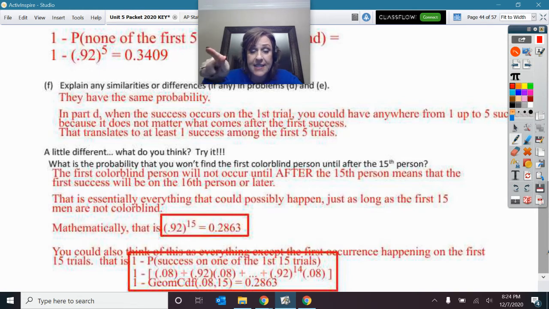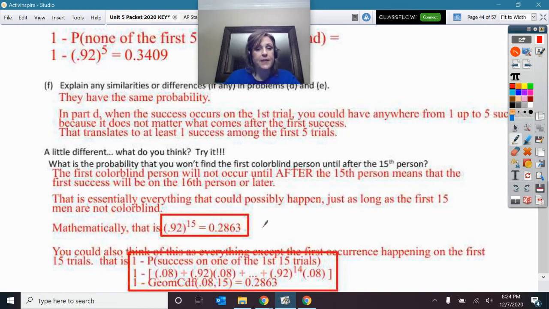So the 16th is the first place that could occur. 16th or any time after that. So I don't care when that first success occurs as long as it is not in the first 15. So that's what I defined here. Mathematically, no colorblind person amongst those first 15.